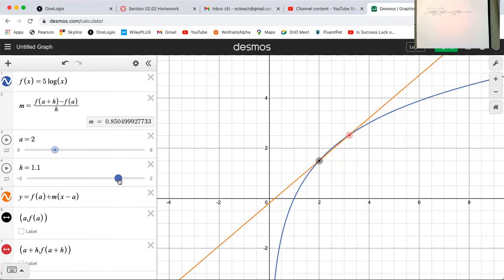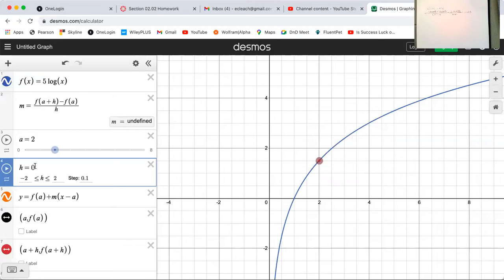So notice I'm decreasing the value of h, and we're seeing what happens to the slope of the tangent line. Now, the problem is when h gets down to 0, the slope is undefined, because I'm trying to use the same point where I need 2 different points. Right now, we're looking at 0 over 0. So we're just going to plug in smaller values of h.